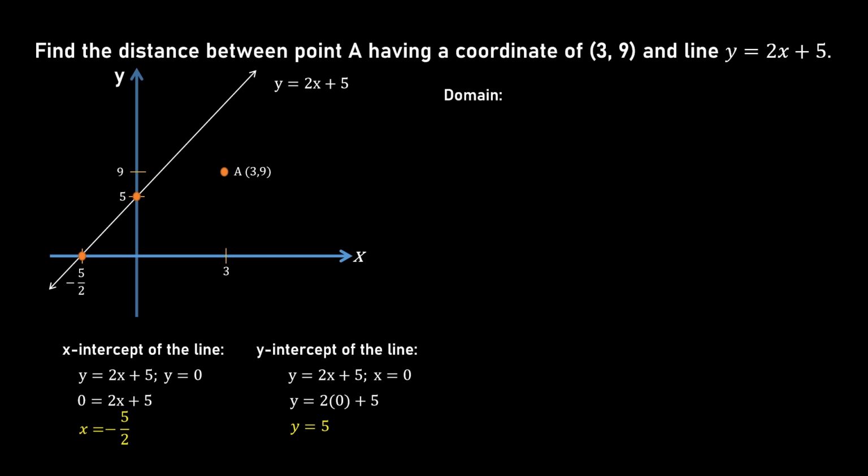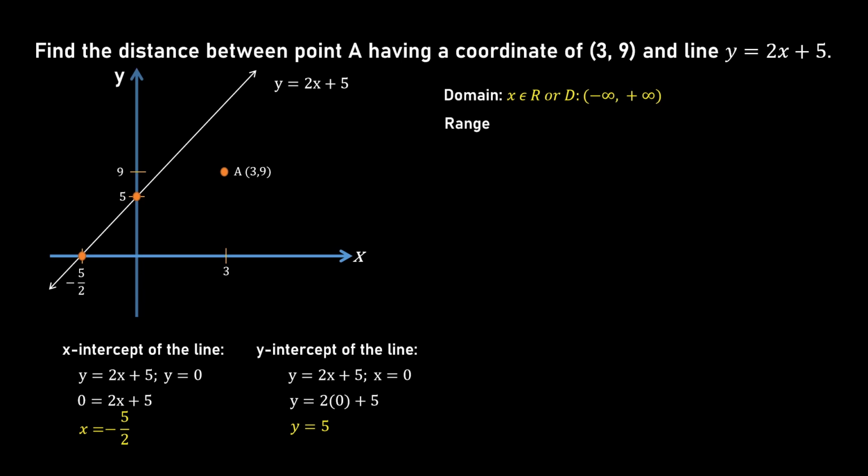And by principle, the domain of a function of a line is all the values between negative infinity plus positive infinity. If you try to get a value within this domain, you will yield a real number or real value of y. And when we say range, it is the range of the values of y when we try to substitute all the values of x.